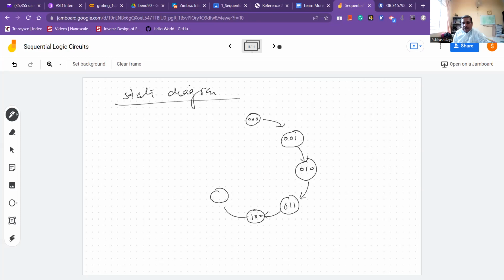Next state will be 1, 0, 1. Next state will be 1, 1, 0. Next state will be 1, 1, 1. And repeat it again. So this way, this is the state diagram. I hope this is a simple state diagram of the 3-bit synchronous counter. So let's see the arrows. This way it is moving.